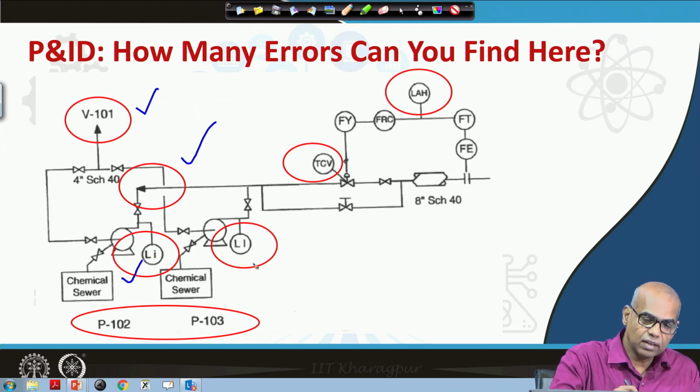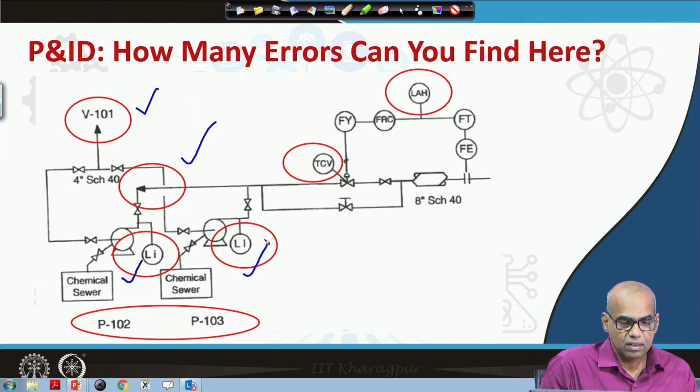Look at this and this. These are pressure indicators connected to the outlet of the pump. So, they should be PI.